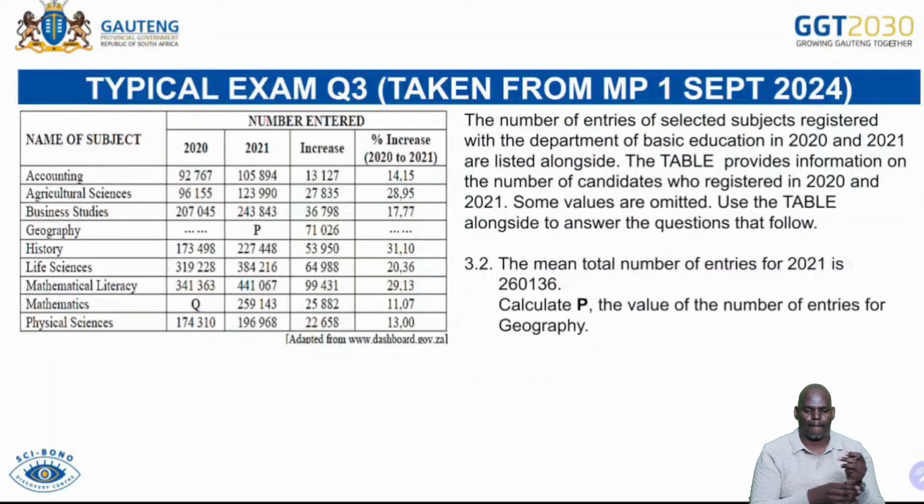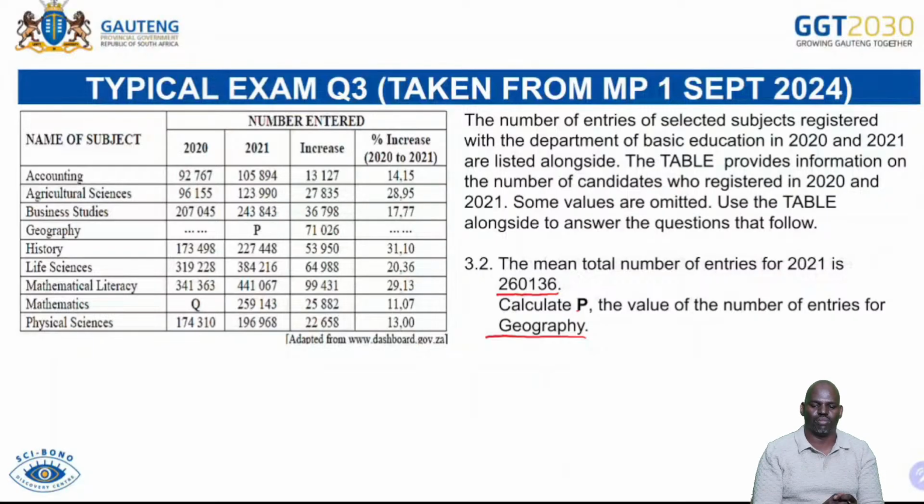Right, the next one: the mean total number of entries for 2021 is 260,136. Calculate P, the value of the number of entries for geography. Yes, boys and girls, that question again, if you look at it, is similar to one question that we did earlier today in the very same lesson.